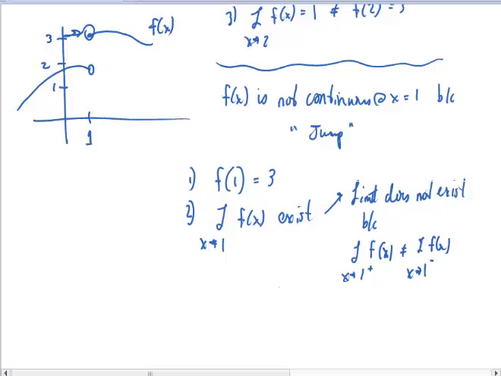So basically, part 2 doesn't exist. And this is why any jump in a function results in a discontinuity, because the limit doesn't exist.